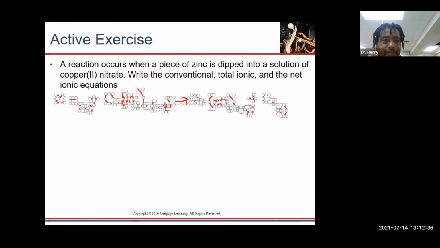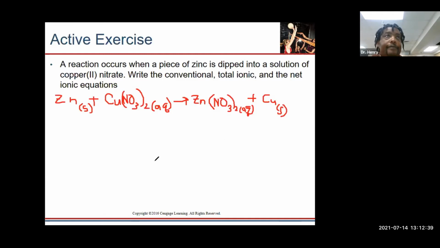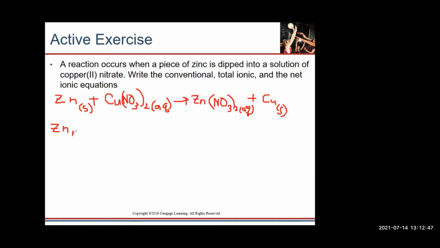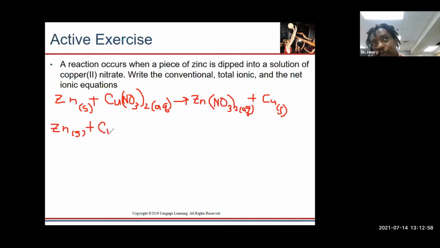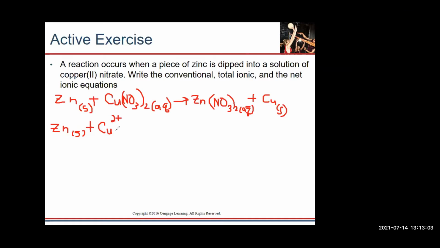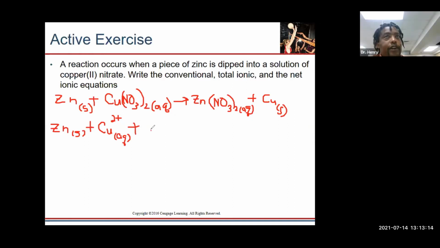And then you would have Cu 2 plus aqueous, and then plus NO3 minus. Let me catch up with you. And you said 2 plus aqueous. Plus, you said NO3.